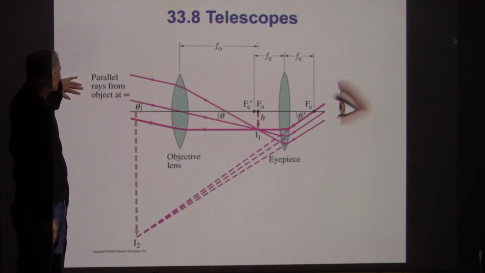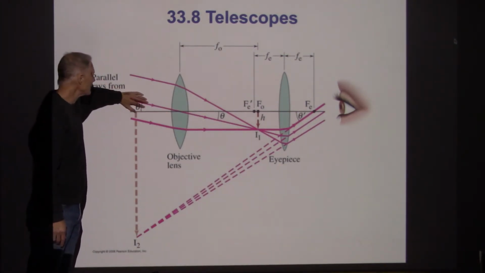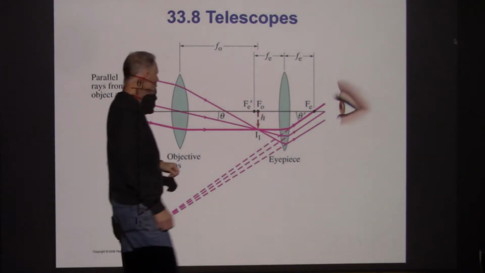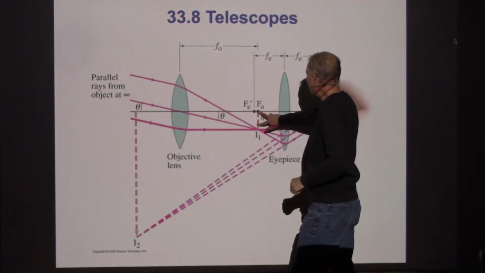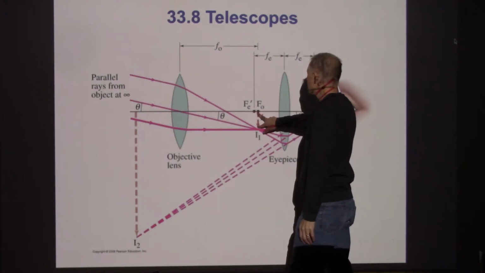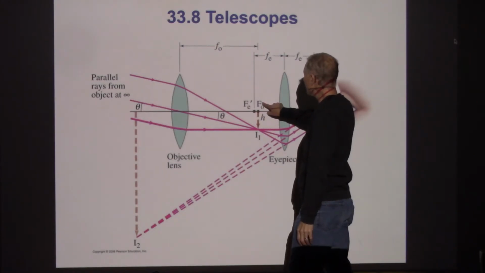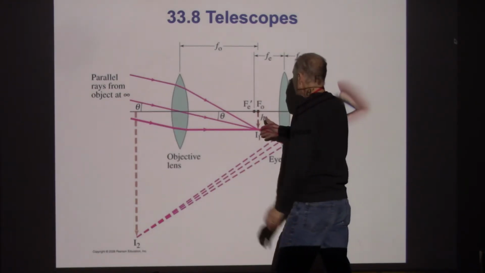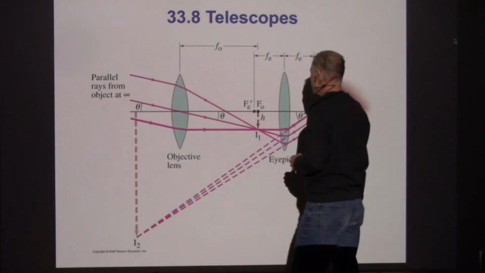So I'm going to get light coming in that's parallel. It's coming in from infinity. And what that's going to produce is an image at the focal point. So here is the focal point for the objective. And I'm going to end up forming an image in the region between the two lenses.